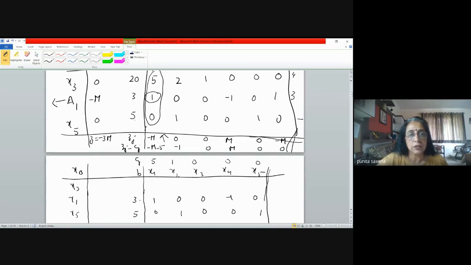Now it is this 5 that I have to make 0. So the transformation is R1 becomes R1 minus 5 times new R2. So it's 20 minus 15, that makes it 5. Then 5 minus 5, 0. Then 2.